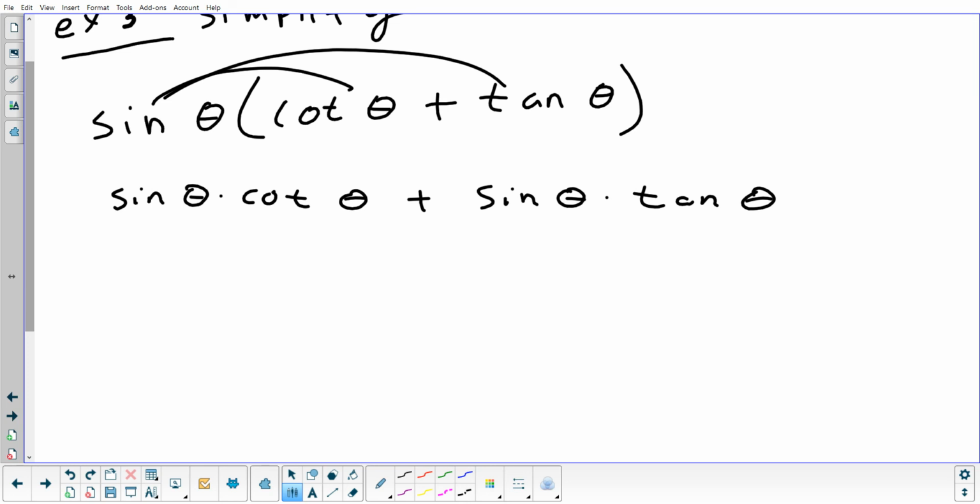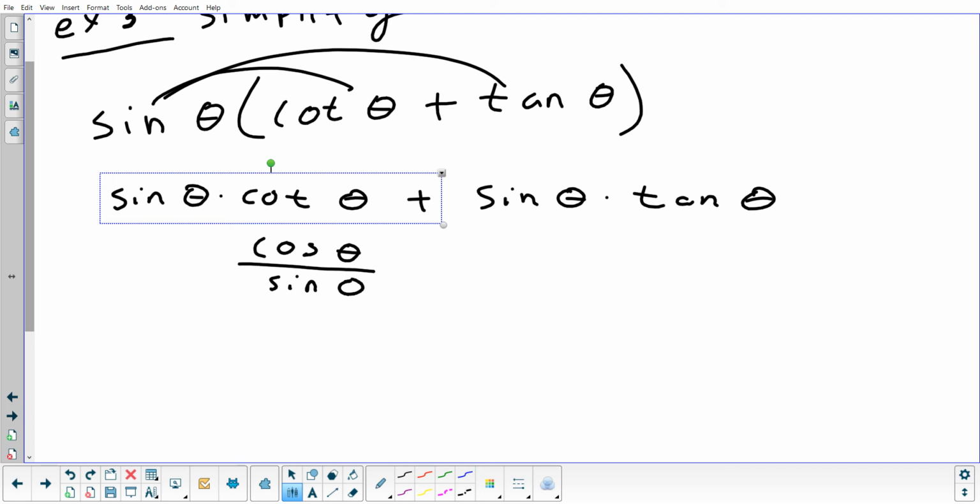So let's look at cotangent. How can we rewrite cotangent? Yep, Haley. All right, so I have cosine over sine. Now, since that's a fraction, if I make one thing a fraction, I'm going to make everything a fraction.